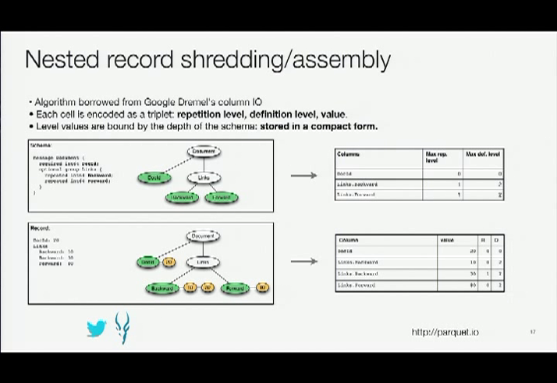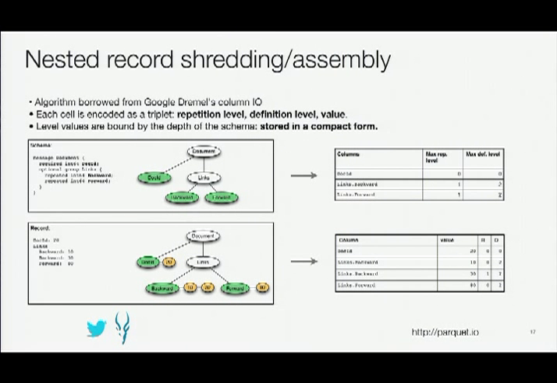So I started by explaining how we have deeply nested data structures and how we represent them in flat columnar format. There's a missing piece here, which is how we capture the structure of the record in the columnar format. We use the algorithm described in the Google Dremel paper, so I invite you to go read that paper for more information.